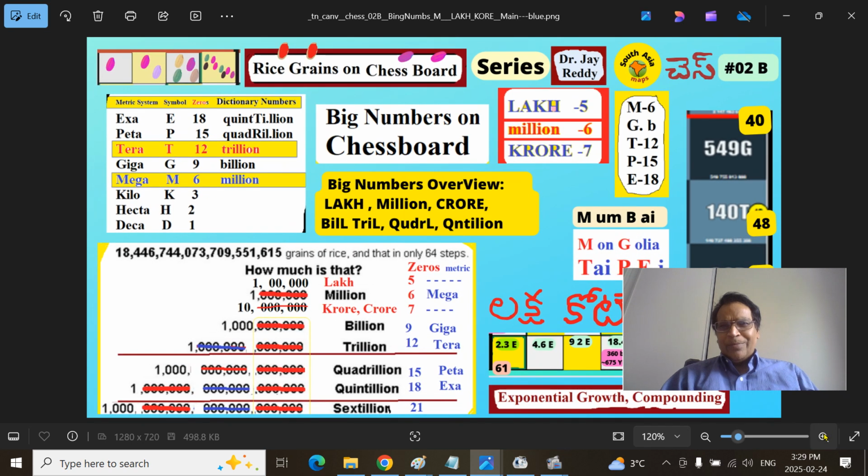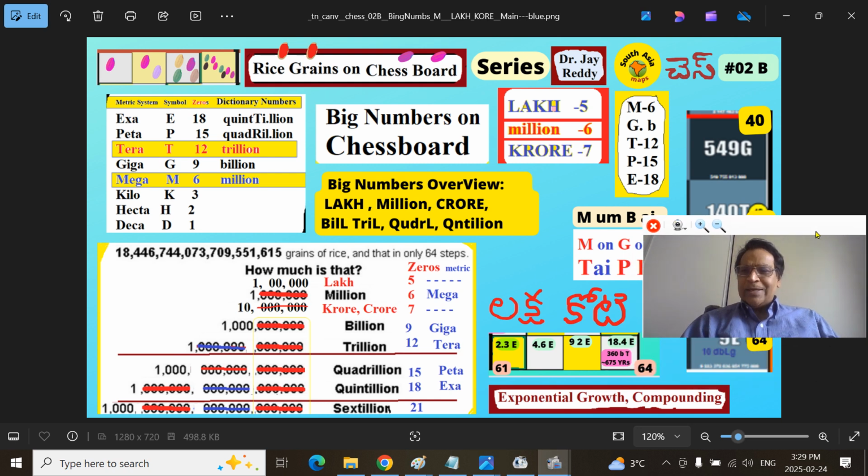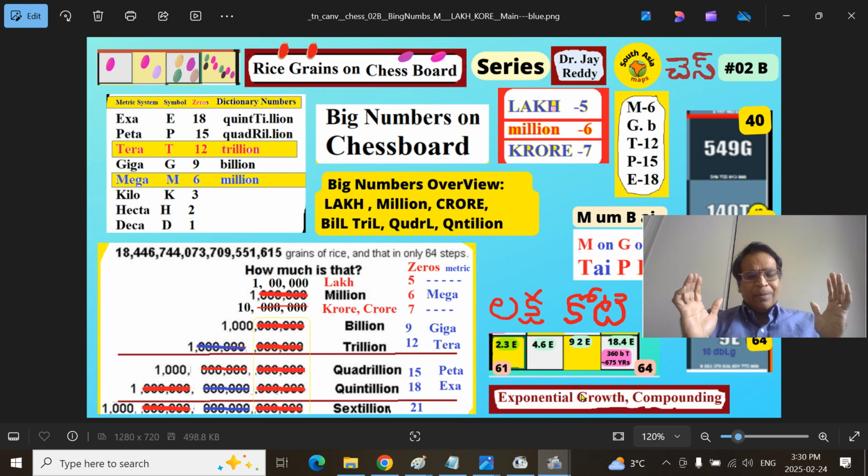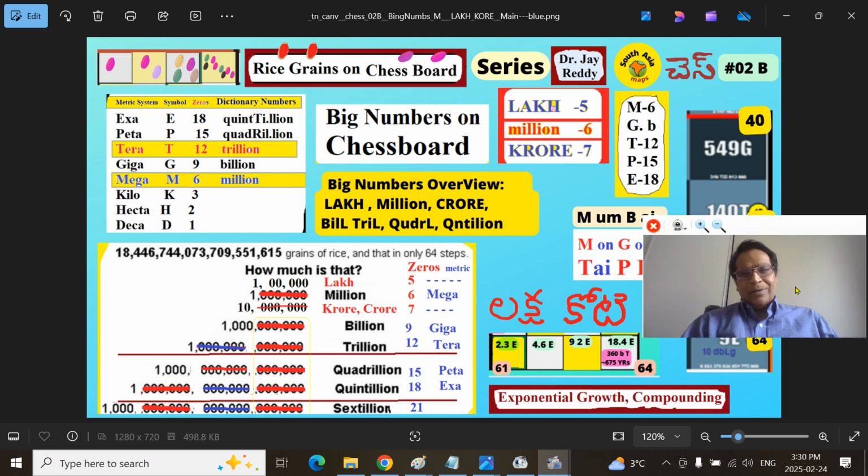Friends, today we are continuing our rice grains on the chessboard series. That is essentially the exploration of what is called exponential growth compounding, which is generally not understood by humans.